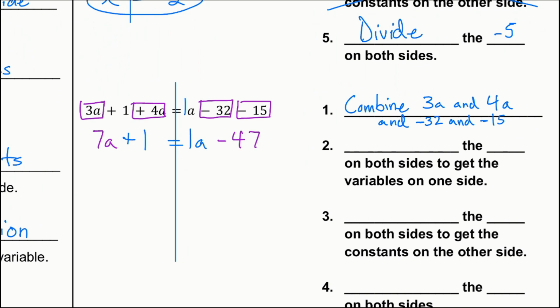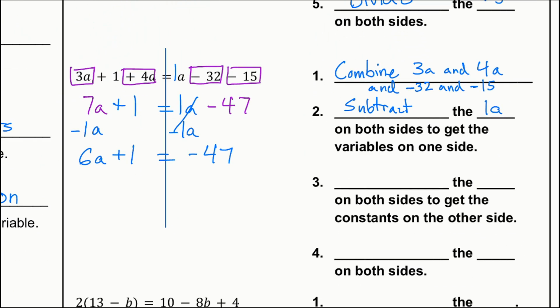Okay, cool. After we combine those like terms, the next step is to get your variables on one side. So we're either going to have to move the 7a or the 1a. Because I want a positive coefficient, I'm going to subtract the 1a on both sides, which will get me 6a plus 1 equals negative 47.